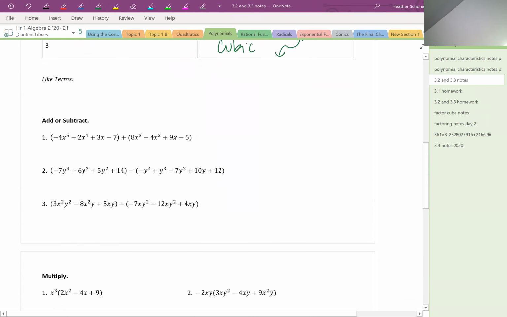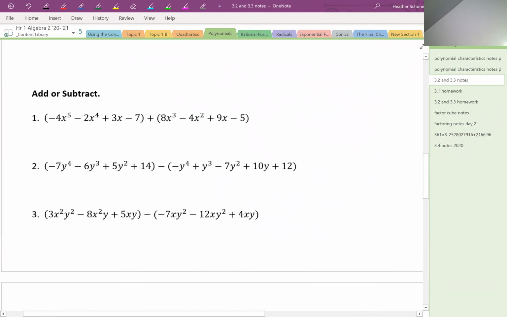All right. Let's talk about adding and subtracting. Now on this one, we're adding. And since it's a plus sign, we don't have to change anything. All we need to do is combine like terms. But when we do it, we want to write it in standard form. So the highest one we've got is x to the 5th. So we have negative 4x to the 5th. Then we have negative 2x to the 4th.